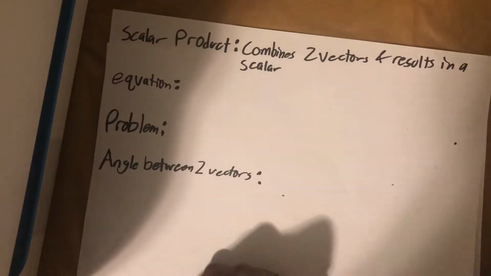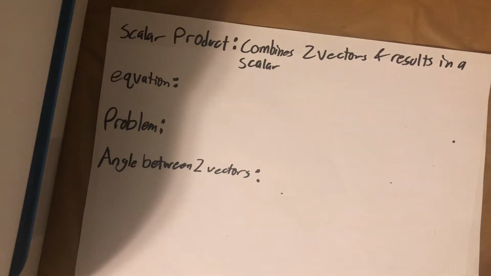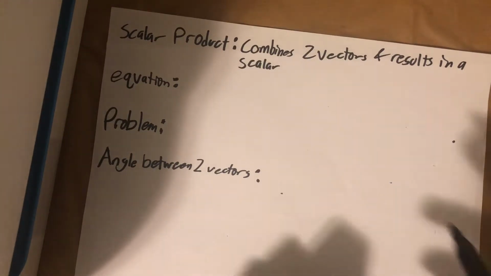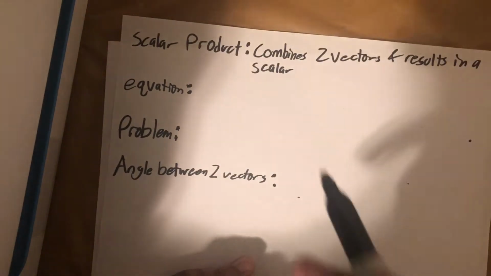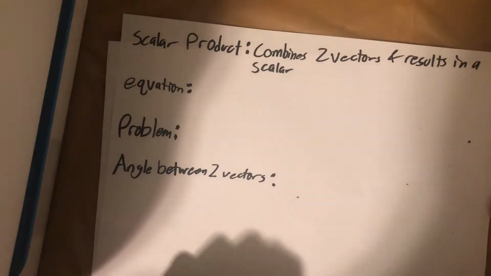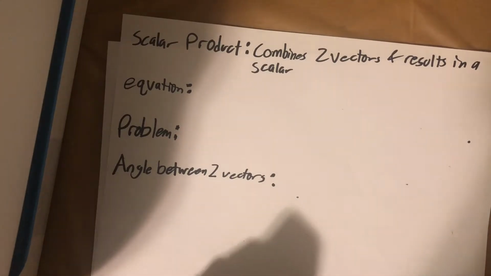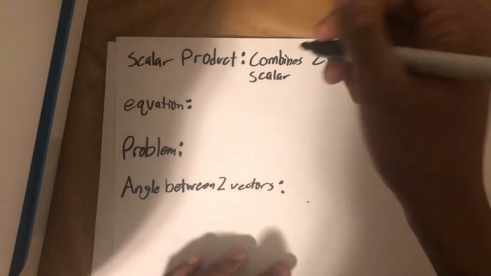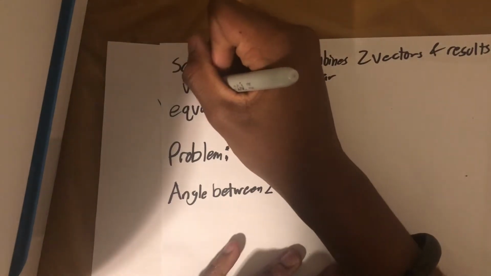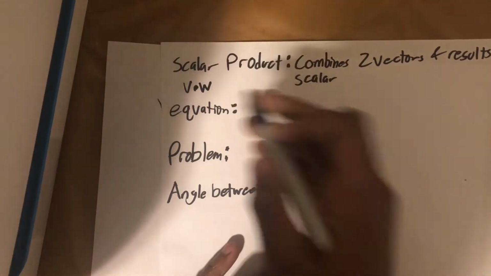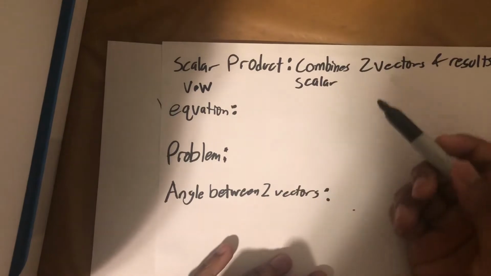Okay, then we have the scalar product, which combines two vectors and results in a scalar. The formula looks like a multiplication sign, but it's showing the scalar product, also called the dot product.